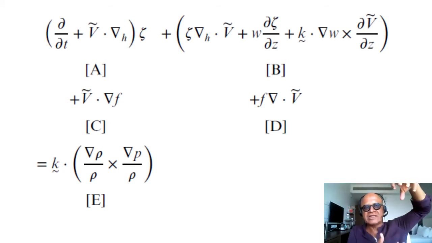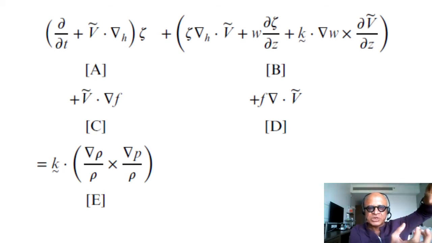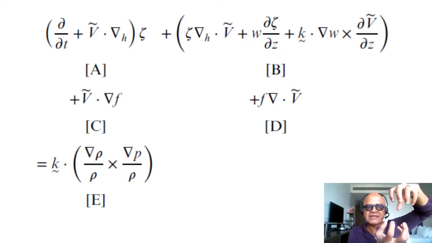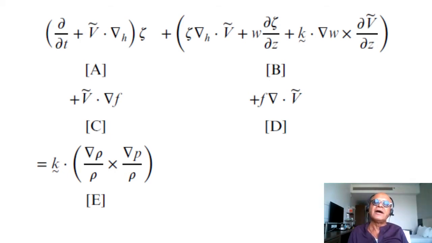Complex looking equation, but essentially in terms of dynamics, when the fluid is moving, the atmospheric column can be seen as vortex tubes. So divergent and convergent flows and advection of the air masses can stretch or compress the vorticity tube and can tilt it and do all sorts of things. You can imagine a skater ice skating, expanding the arms to slow down, bringing them together to speed up, and so on.